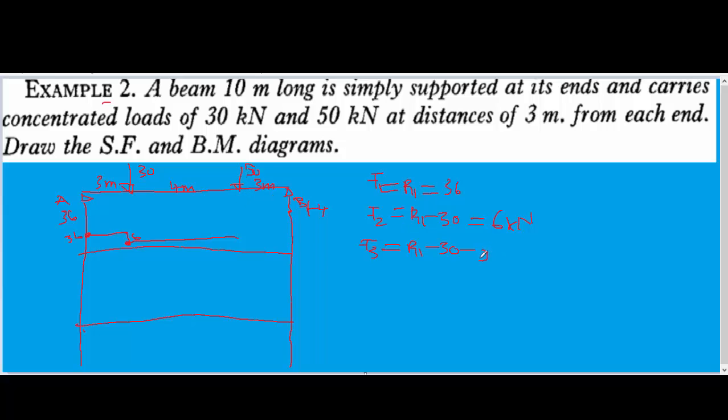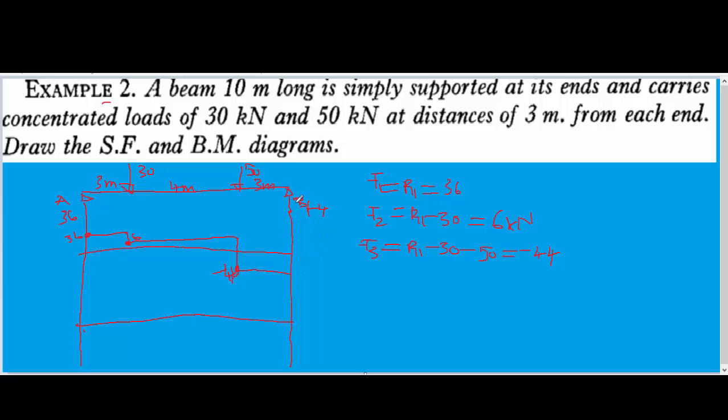So definitely it will be minus 50 since the force is acting downward, which will now give us 6 minus 50, which is minus 44. So this 50 load at this point of the beam will act on this and bring it to this point. Let's call this the minus 44 point. So this will move for another 3 meters to this point.